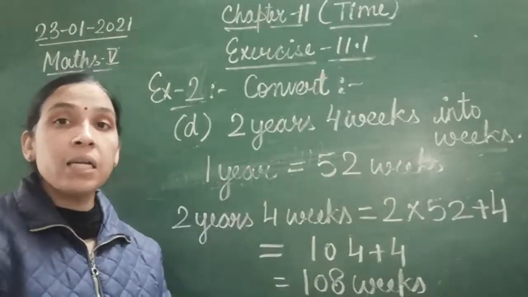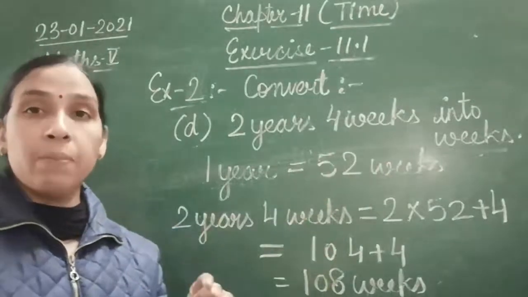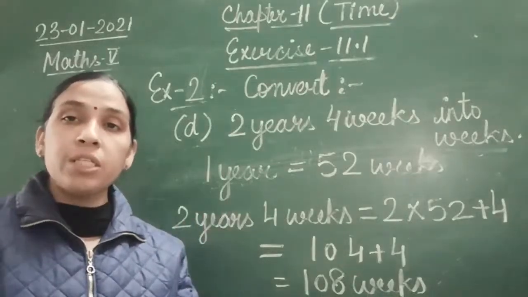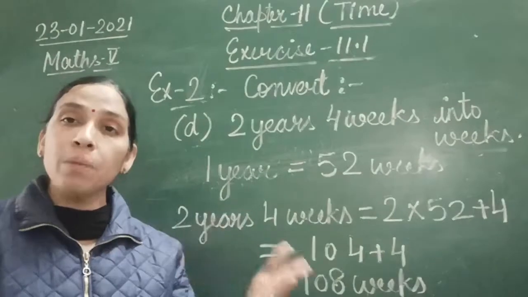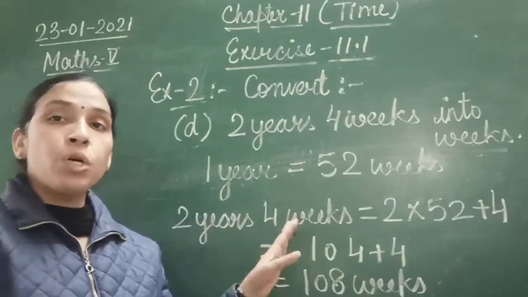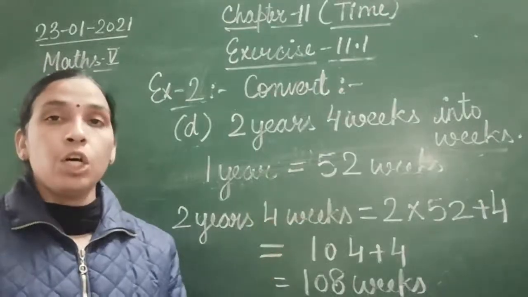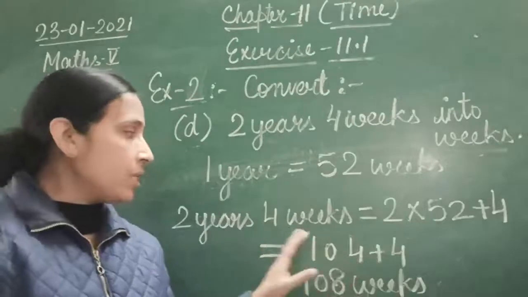After finding the relation between years and weeks, you will do multiplication, because the higher unit is supposed to change into the lower unit, and that will be more in number. So do the multiplication.